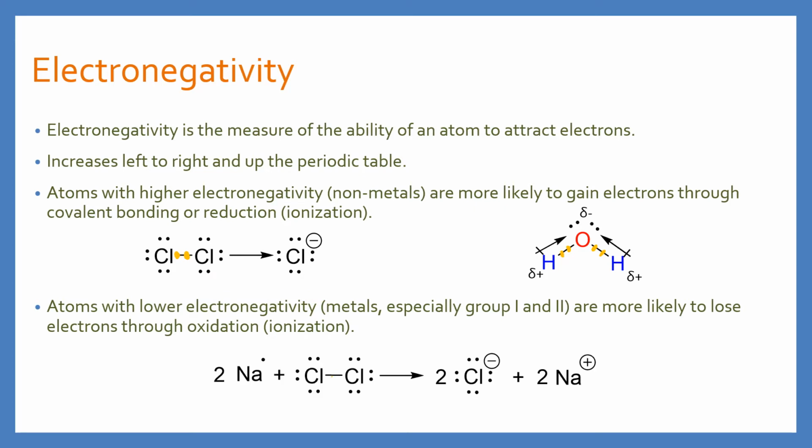If you take sodium metal and react it with chlorine gas, you're going to get a redox reaction where chlorine is reduced to 2 chloride ions, and sodium is oxidized to 2 sodium plus ions. The sodium has lost an electron, which is oxidation, and the chlorines have each gained 1 electron, which is reduction.